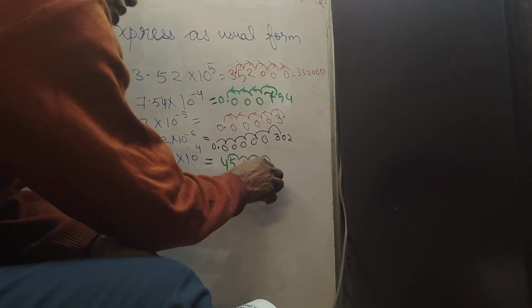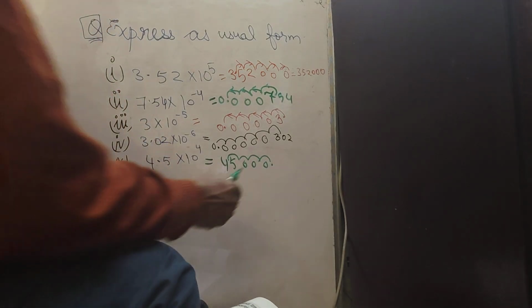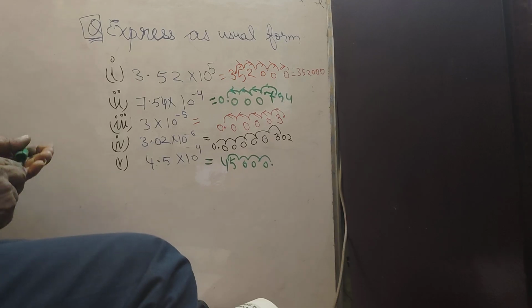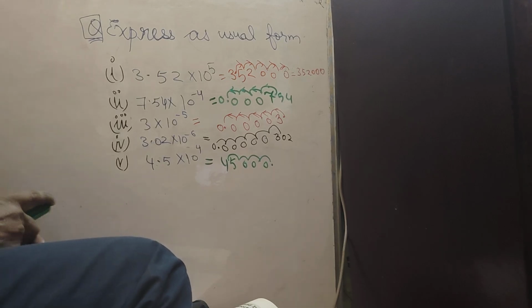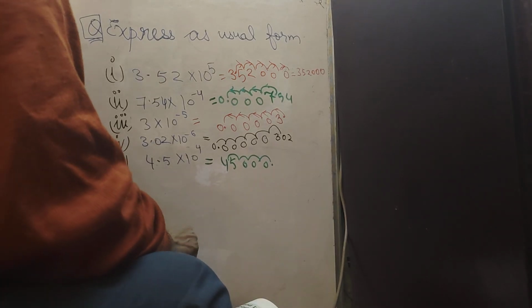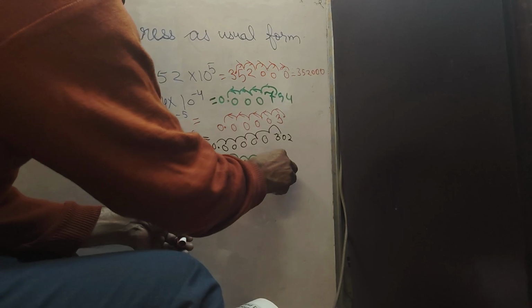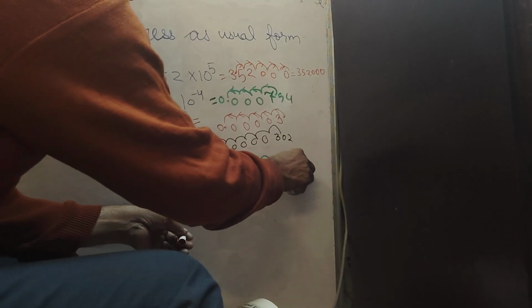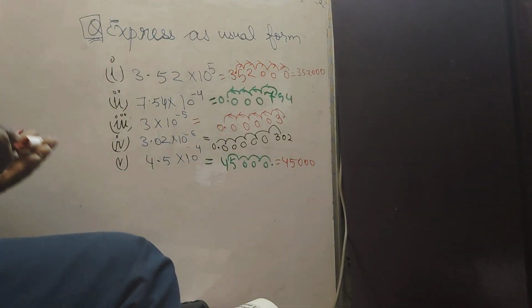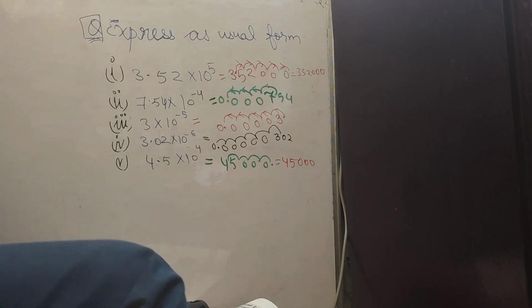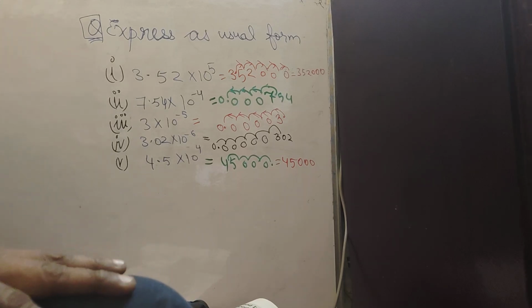Now there is no digit after the decimal, so we can remove it. So the final answer is 45,000. In this way we can convert standard form to usual form.